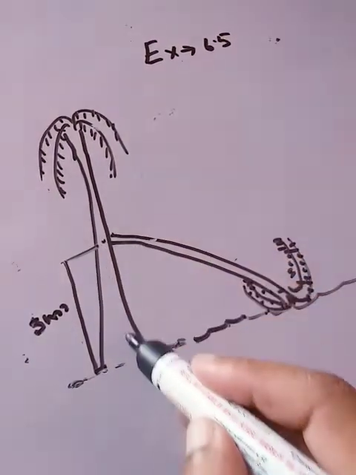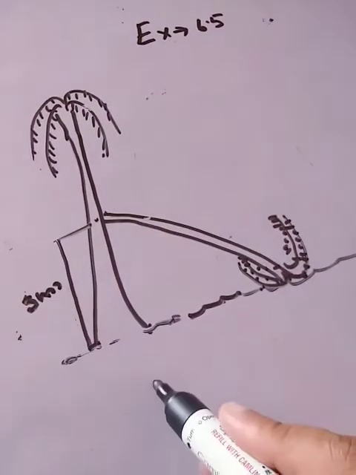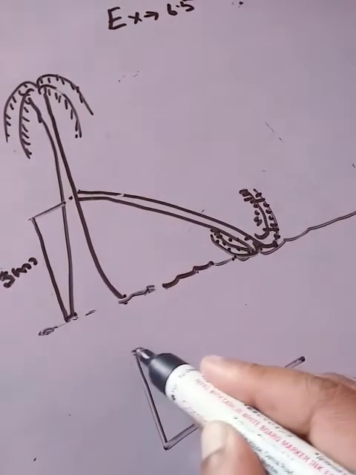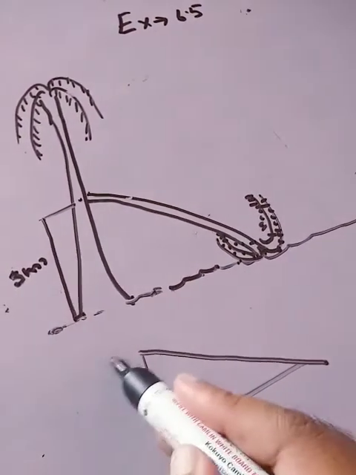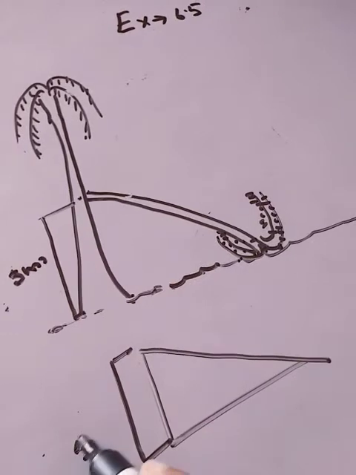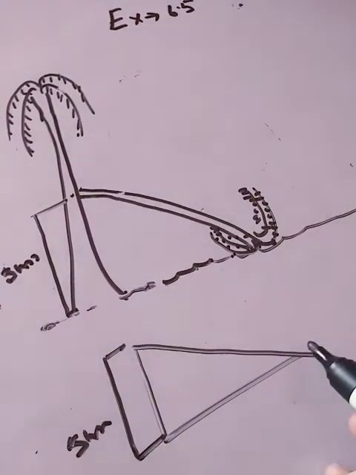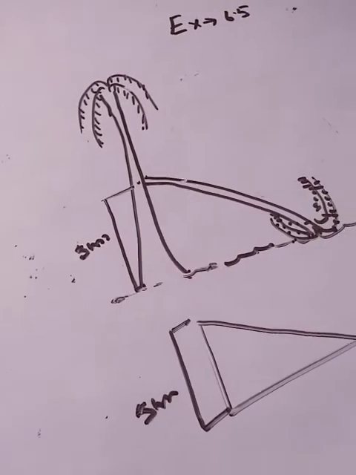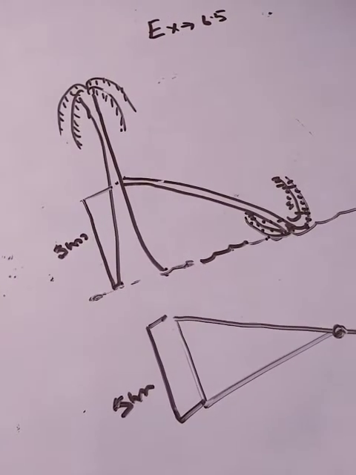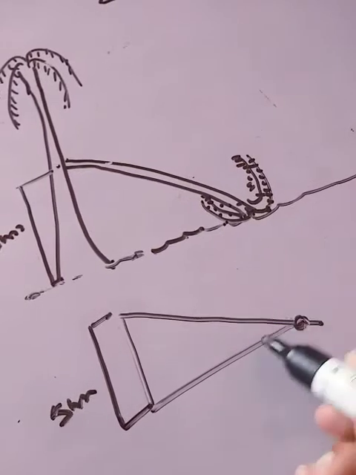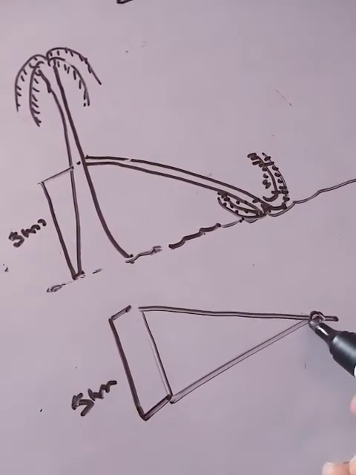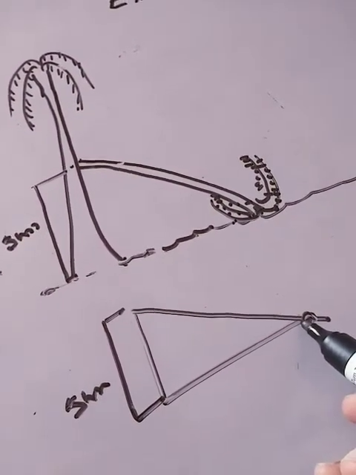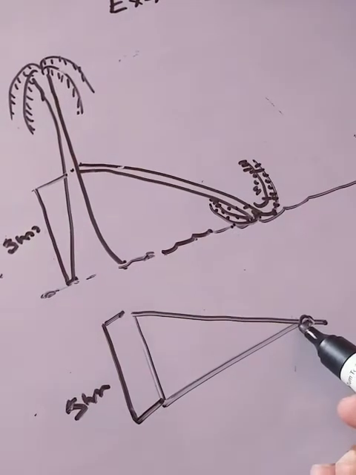Now if you carefully observe, this is a right angle triangle, isn't it? This is the 5 meter part of the tree, and this is the rest part of the tree. Now they are saying that when it fell down, its top touches the ground at a distance of 12 meter from the base of the tree.